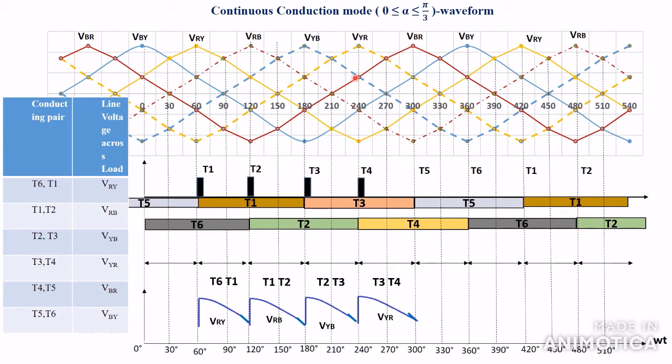During the next 60 degree interval, the conducting devices are T4 and T5. When T4 and T5 are conducting, VBR is the output voltage, and this portion will appear across the load. During the next 60 degree, T5 and T6 are conducting, VBY is the output voltage, and this portion will appear across the load.